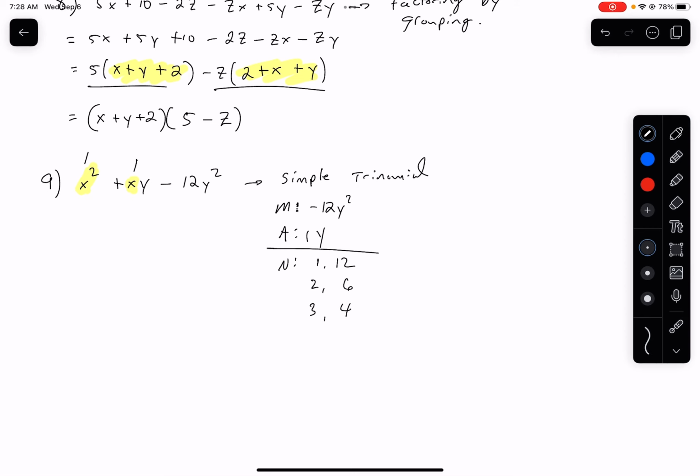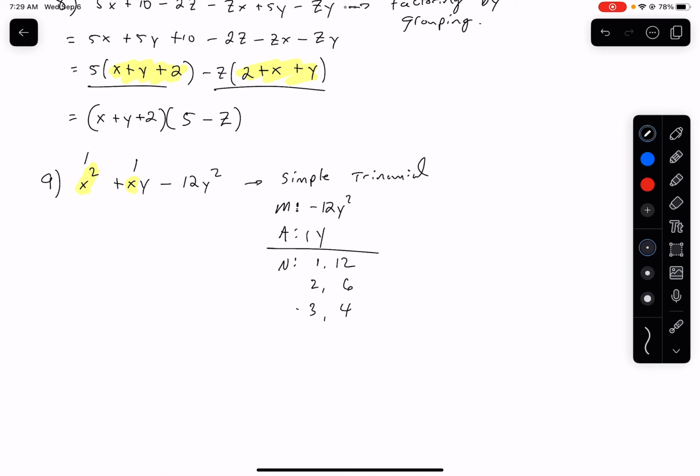So if I made the 4 negative, negative 4 times 3 is going to be negative 12. That's good. But negative 4 plus 3 is negative 1. That's not the condition I'm looking to satisfy. I need to satisfy positive 1. And so I know that I can make the 3 negative as well. Okay, so those are the two factors that satisfy the numerical portion of this.